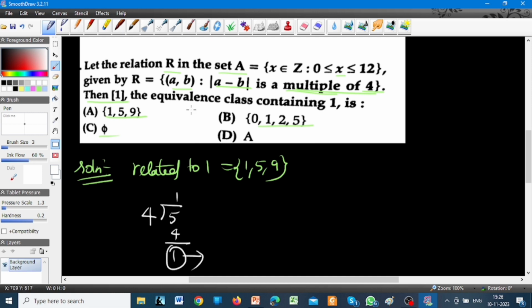So this is related to 1. Similarly 9, if we try, 4 goes into 9 two times. We are getting the remainder as 1. So this also denotes our equivalence class 1. So the set of all elements related to 1 is said to be our equivalence class of 1. So obviously option A is the right answer.